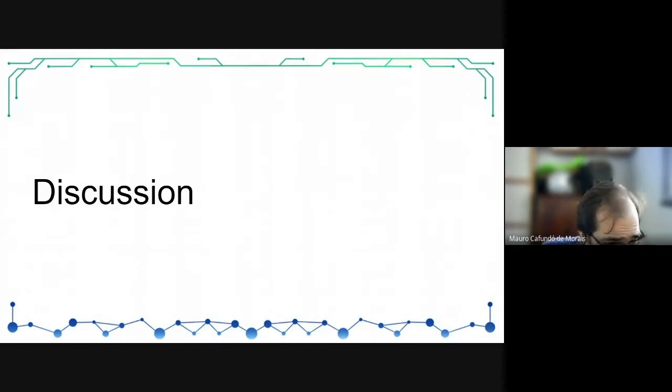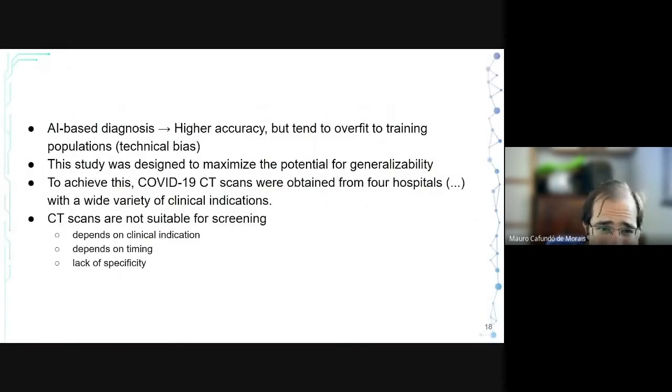So for the discussion of the paper, they say, okay, our algorithm is super cool, with higher accuracy, but that's always a problem. The technical bias we have is a trade-off, right? If you increase the diversity in your data set, your model likely will not generalize well.